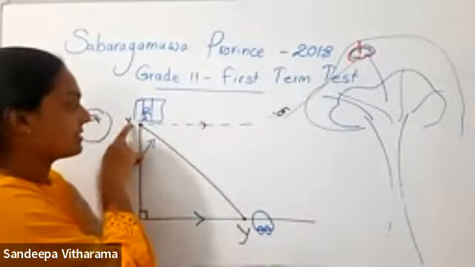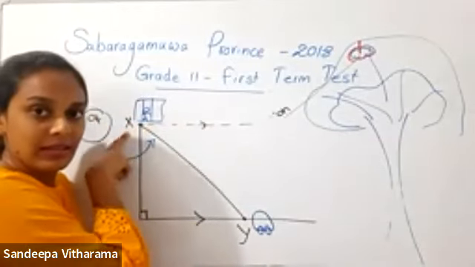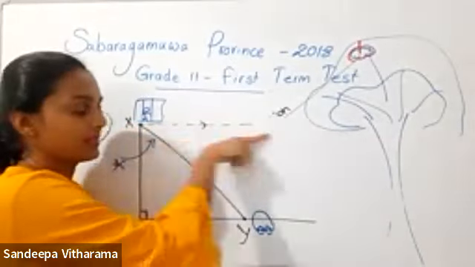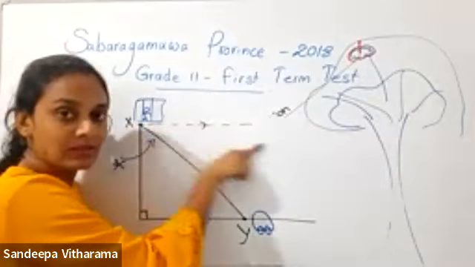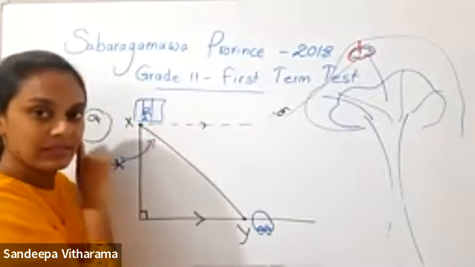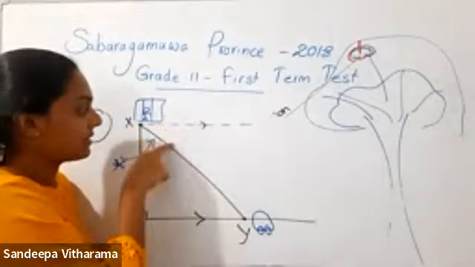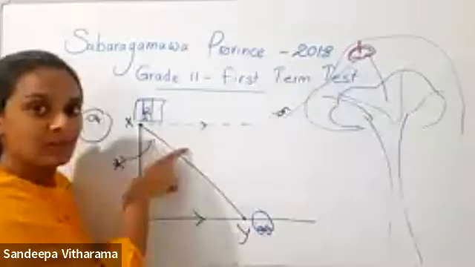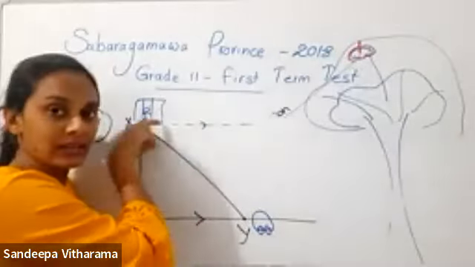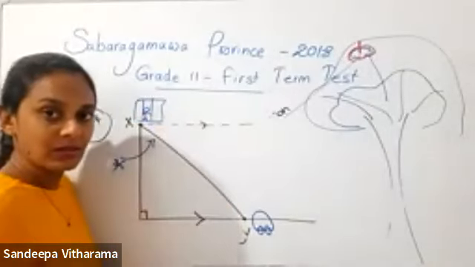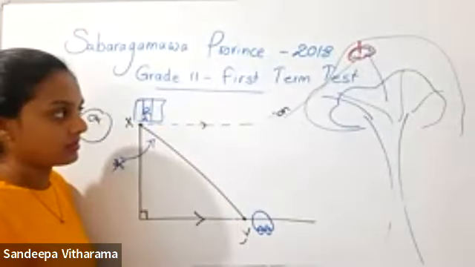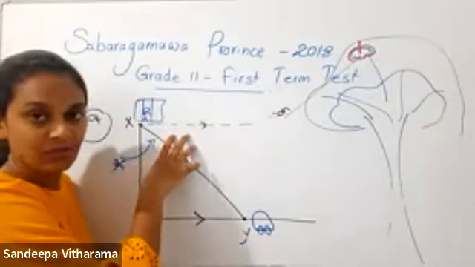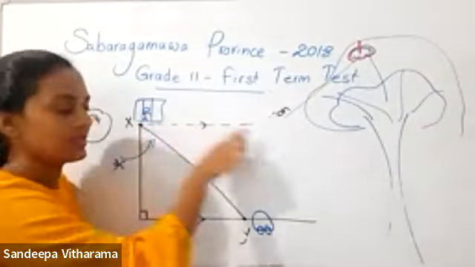Then what is the eye level of the man who is in the X? It is this one, that is given in this dotted line. Okay. Then angle of depression is formed with the eye level and the line of vision. Okay, this is the line of vision. This is the eye level.